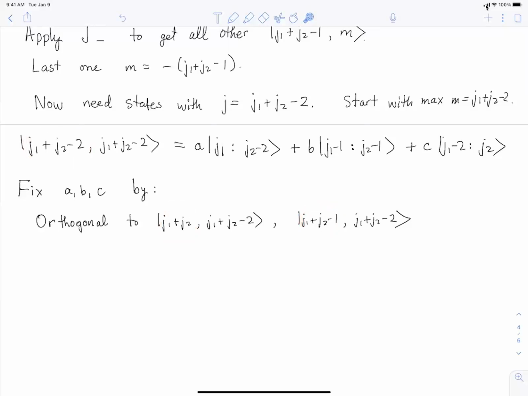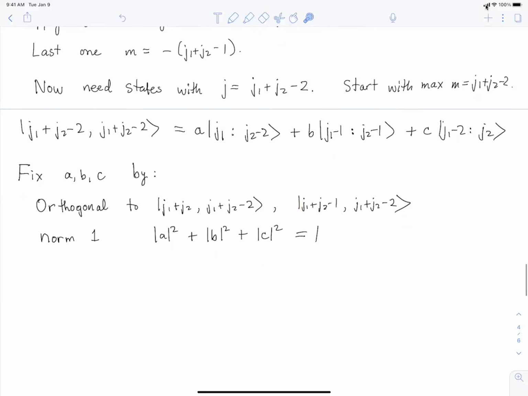Okay, the second fact we're going to use is we get to require that this thing have norm 1, which just says that magnitude A squared plus magnitude B squared plus magnitude C squared has to equal 1. And because this involves only the magnitudes, you can't quite solve for all three of A, B, and C. You can only solve for them up to a phase.